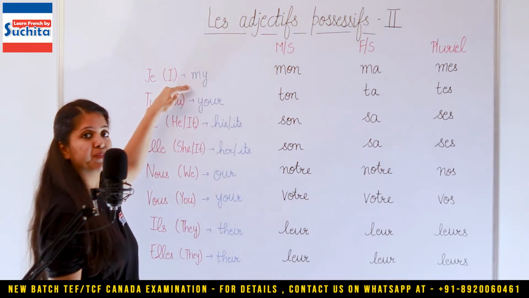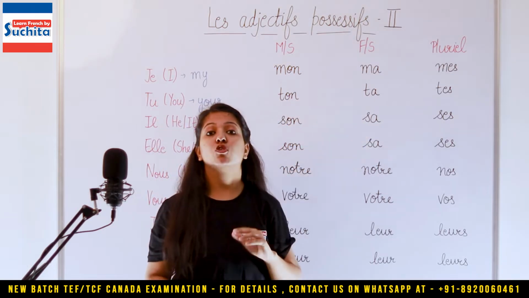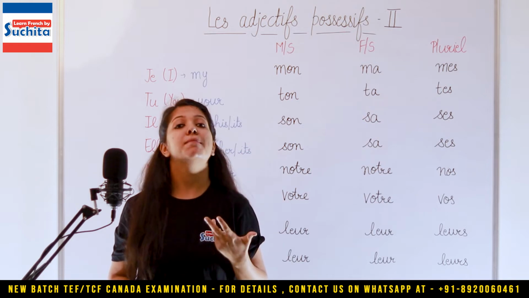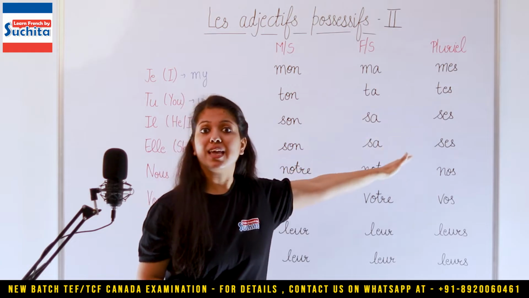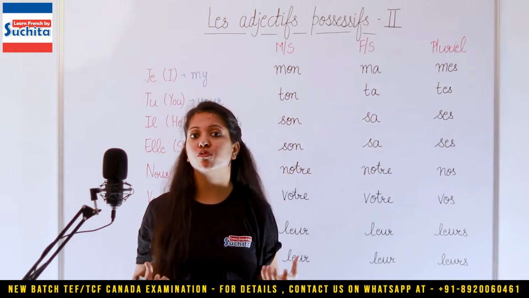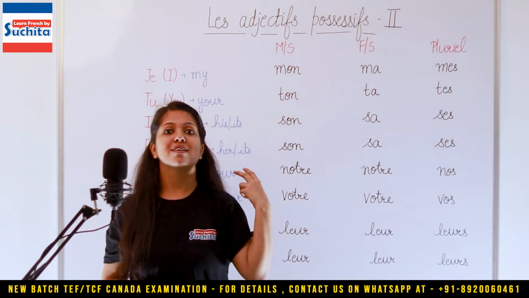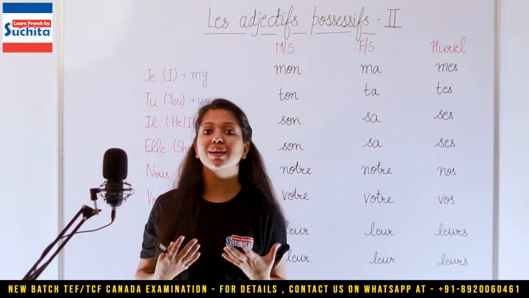So, my: mon, ma, mes. The meaning of all three of them is my. Ton, ta, tes. The meaning of all three of them is your. Son, sa, ses. The meaning of all three of them is either his or its.